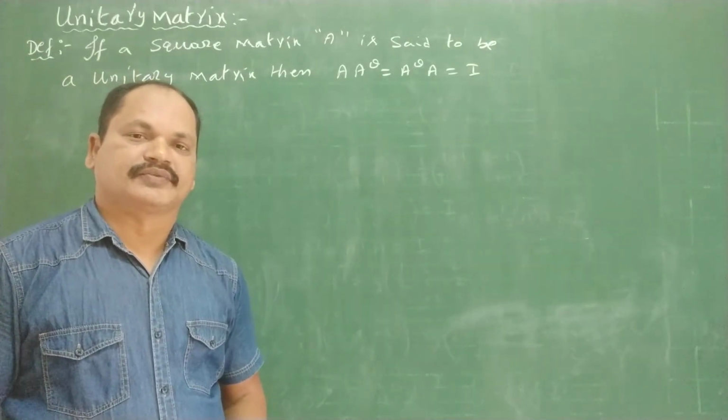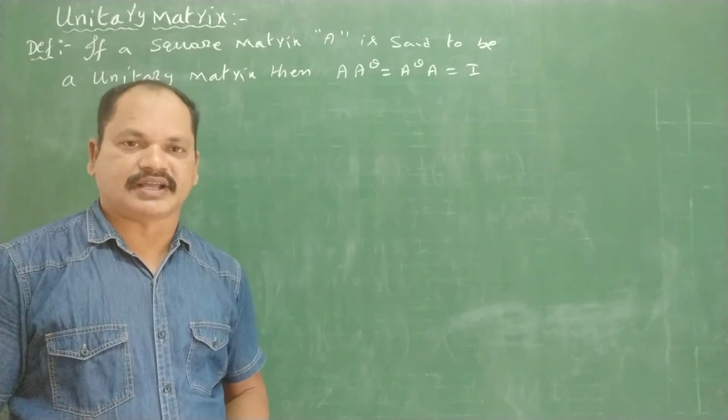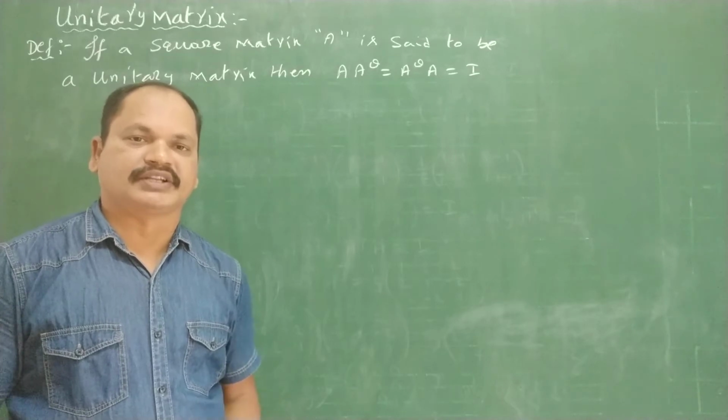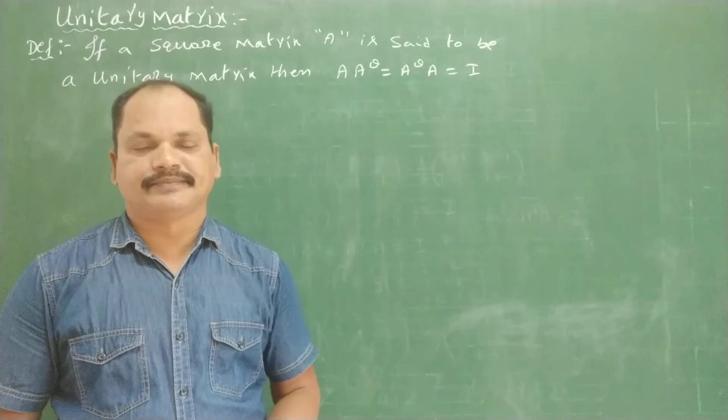So, if a square matrix capital A is said to be unitary matrix, then A into A power theta is equal to A power theta into A is equal to I.